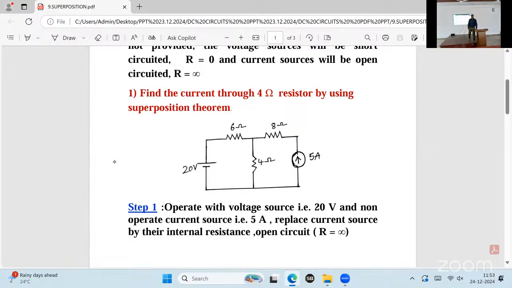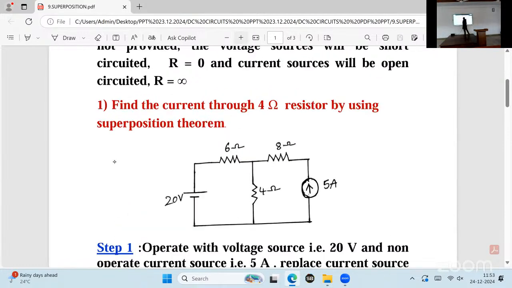Problem 1. Write the formula. Question: find the current through the 4 ohm resistor by using the superposition theorem.